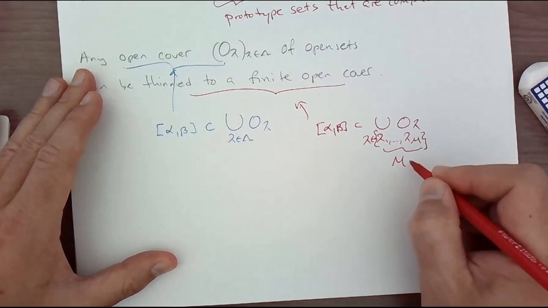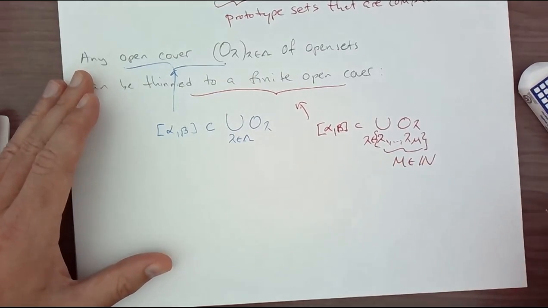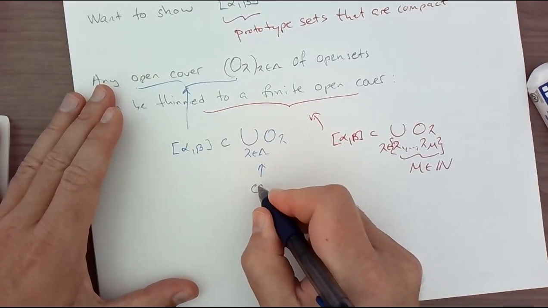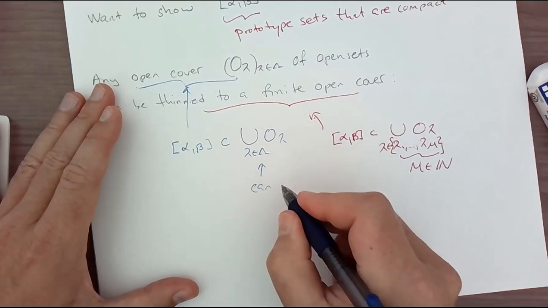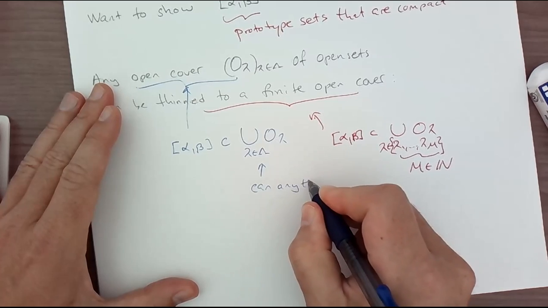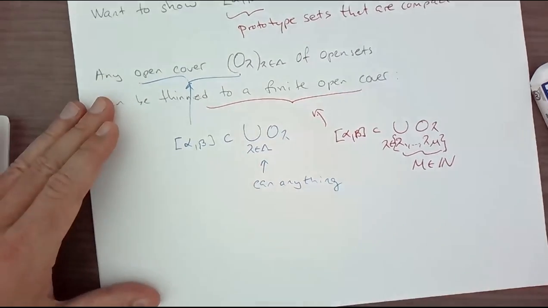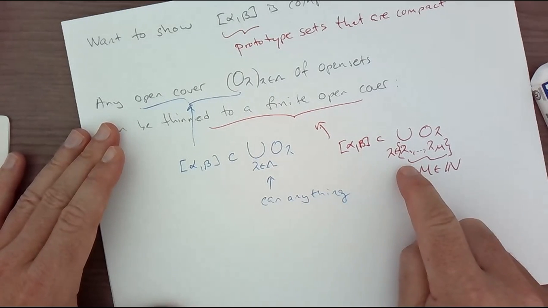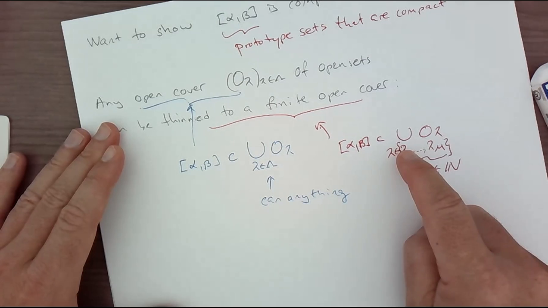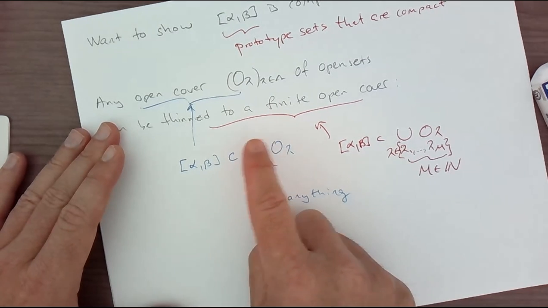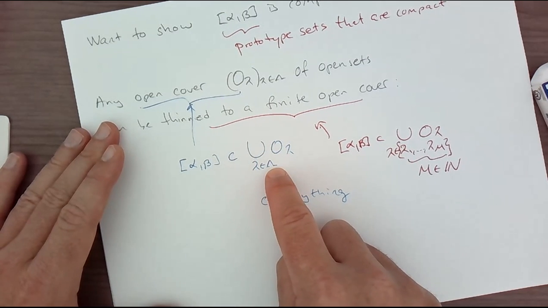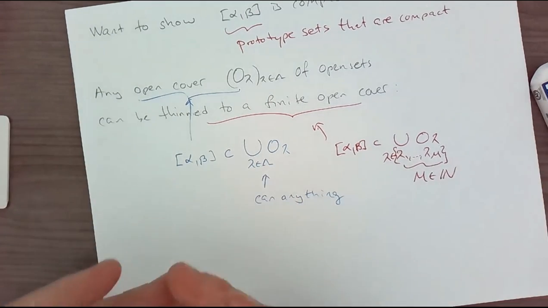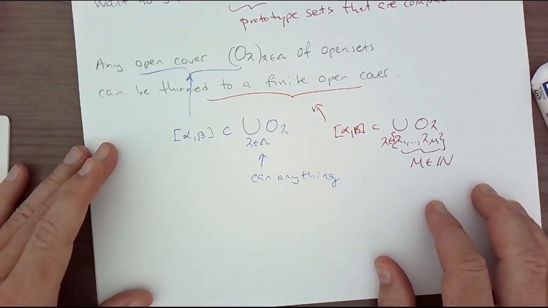This m is something in the natural numbers. Whereas this guy over here, this can be really general. This can be anything. This lambda here can be anything. This one over here, you select out finitely many of this huge collection over here. So this one here has potentially a very complicated structure.